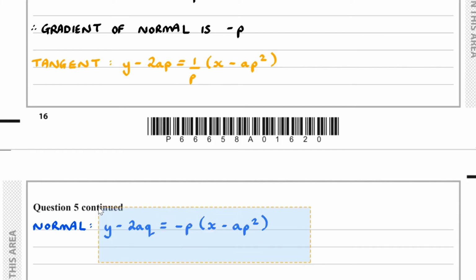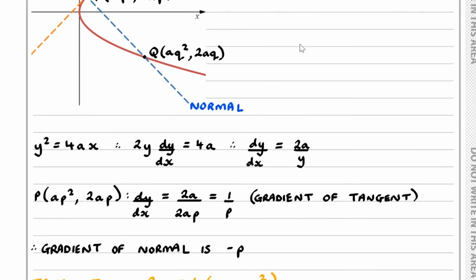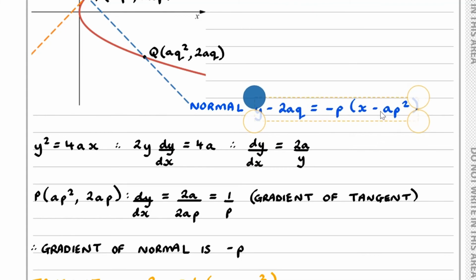So what we have here is the equation of the normal.